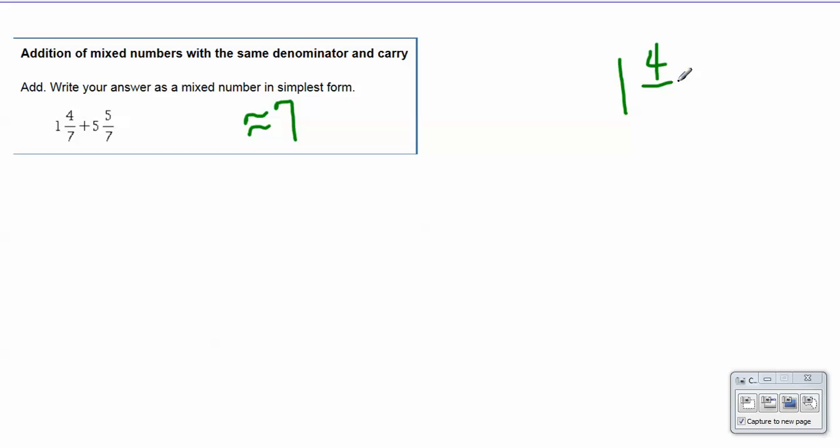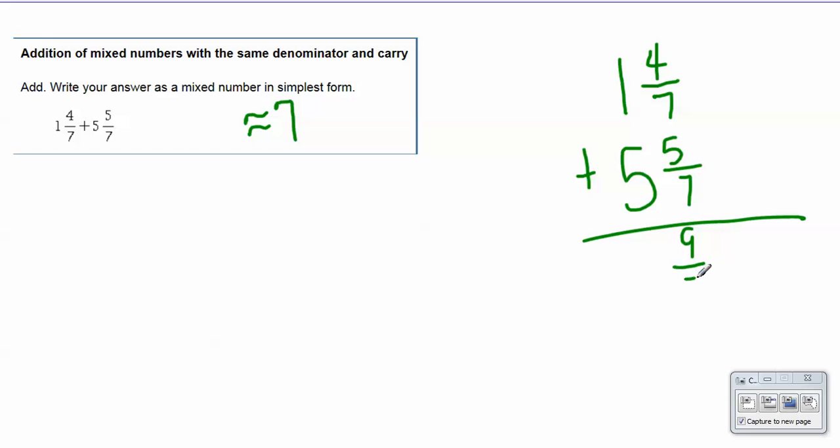1 and 4 sevenths plus 5 and 5 sevenths. Add our fractions. 4 sevenths plus 5 sevenths equals 9 sevenths. 1 plus 5 equals 6. I have 6 and 9 sevenths, and I know that that 9 sevenths is equal to 1 and 2 sevenths.